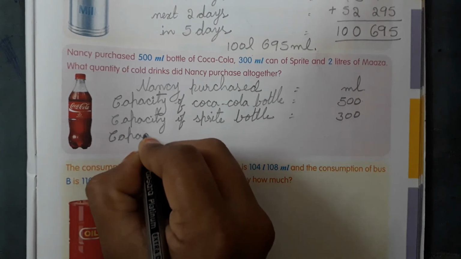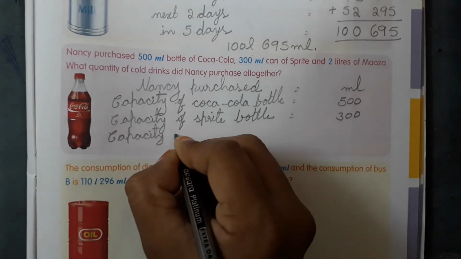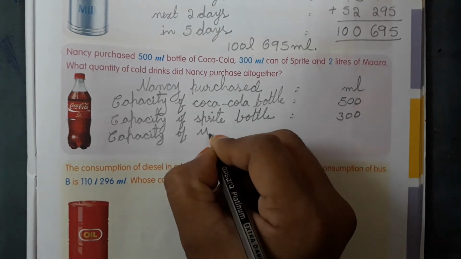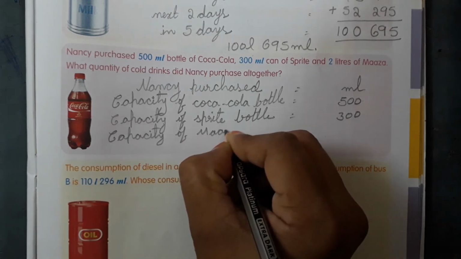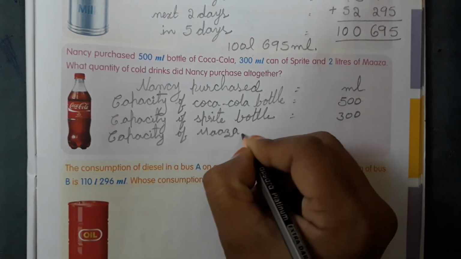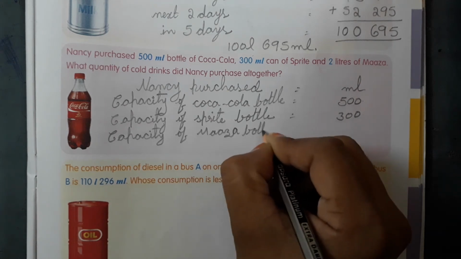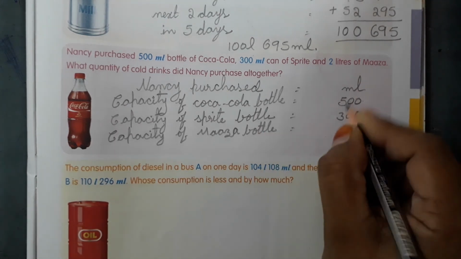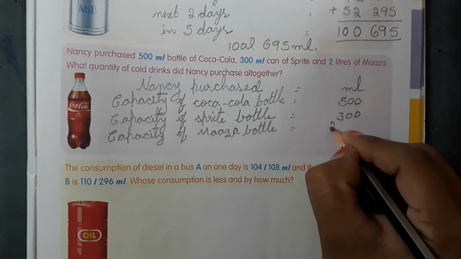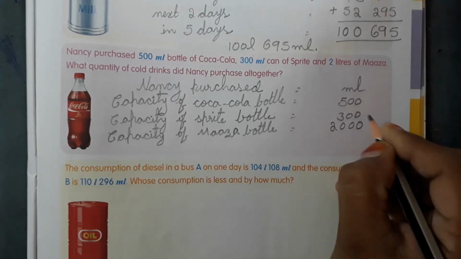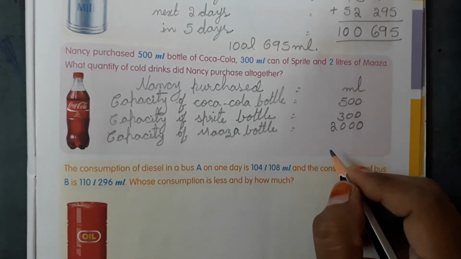The capacity of Maaza bottle means 2000 ml. 2 liters means 2000 ml.